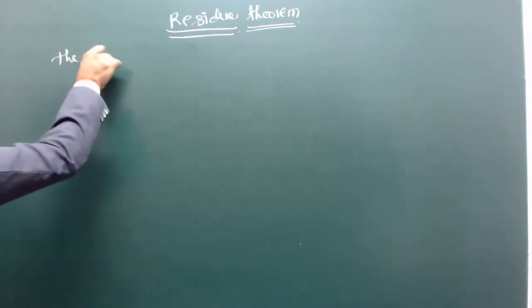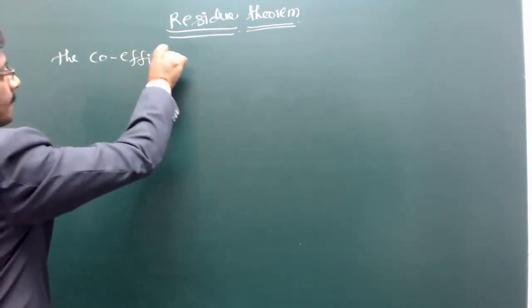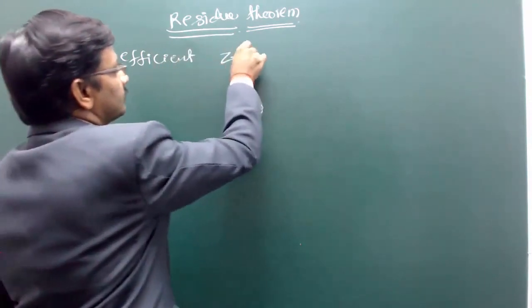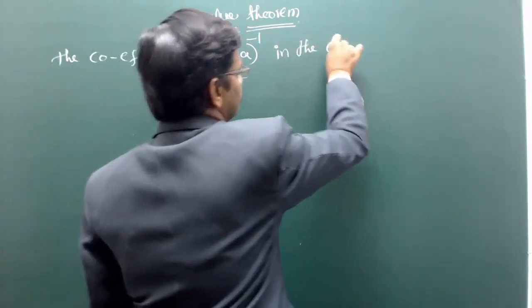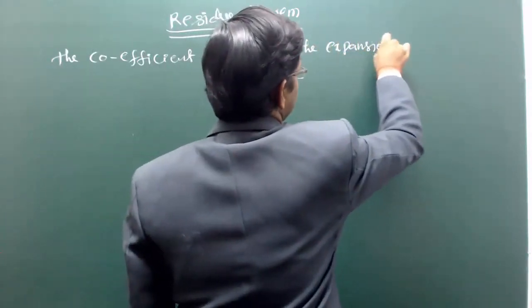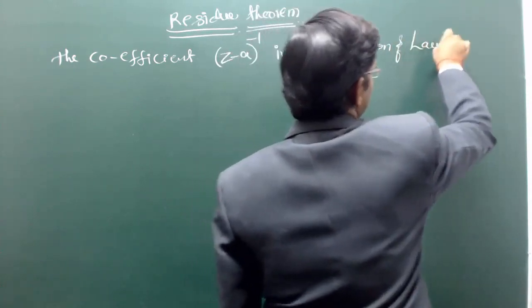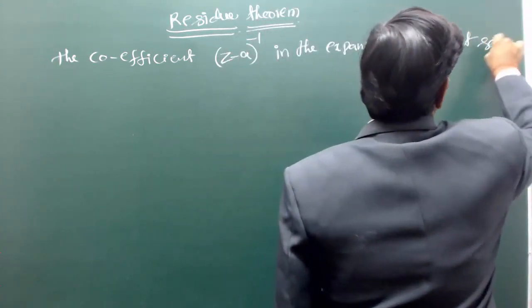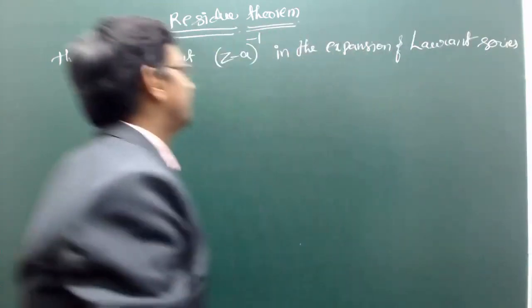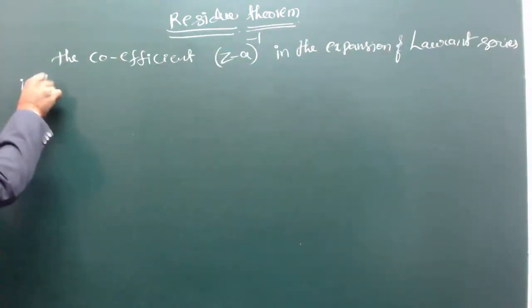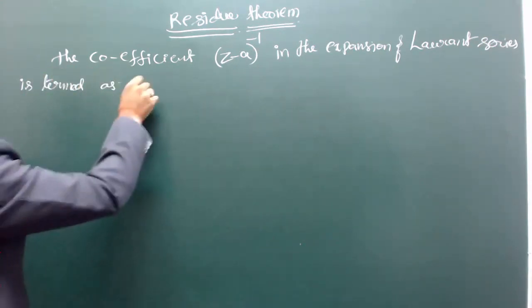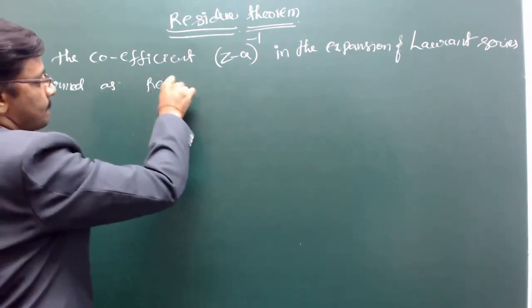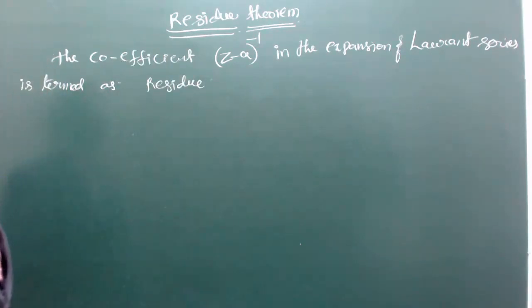That is the coefficient of z minus a whole power minus 1 in the expansion of the Laurent series, which is termed as residue.